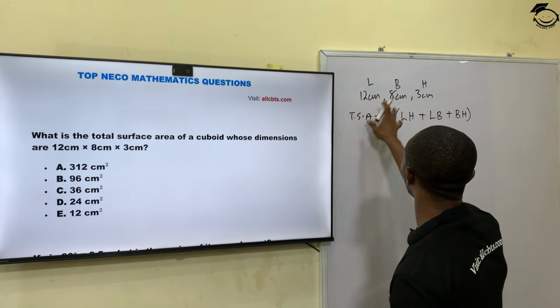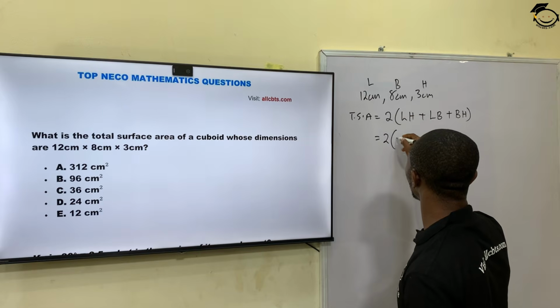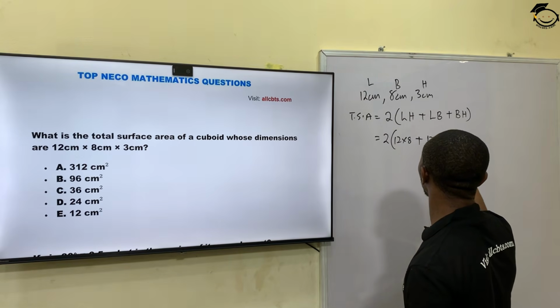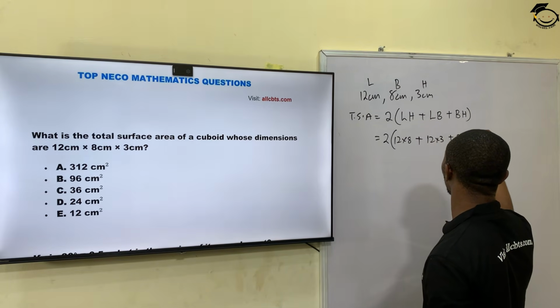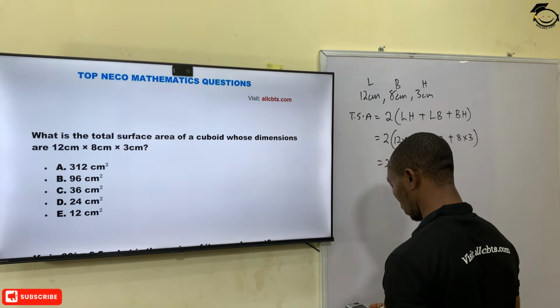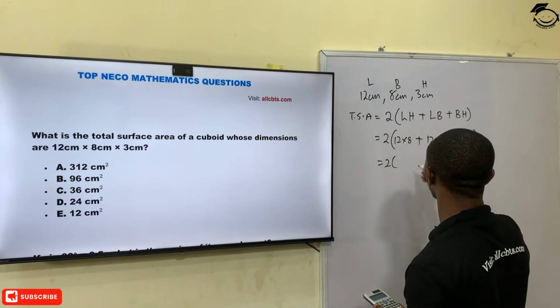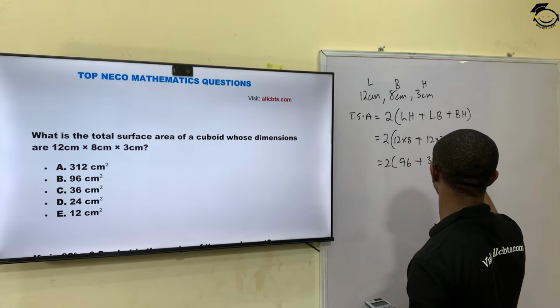Now, applying this in this formula, we are going to have it as 2 bracket length 12 times 8 plus length 12 times 3 plus 8 times 3. Now, 12 times 8 would give us 96 plus 36 plus 24.